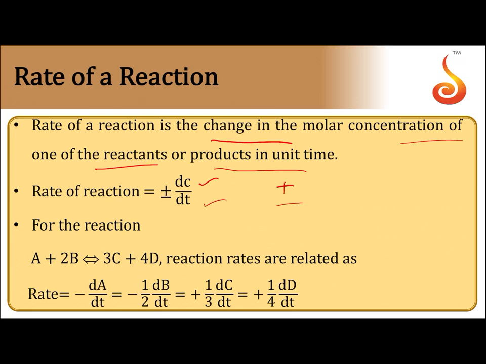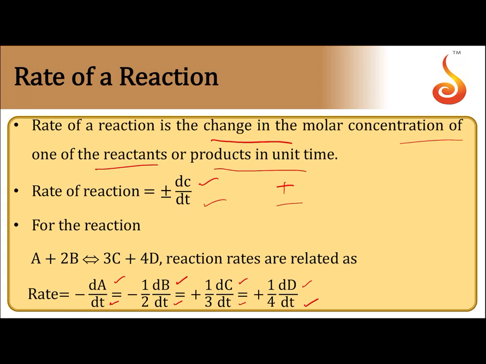For a reaction A plus 2B giving rise to 3C plus 4D, the rate of reaction is given as rate is equal to minus dA by dt, which is also equal to minus 1 by 2 of dB by dt, also equal to 1/3 of dC by dt, also equal to 1/4 of dD by dt.